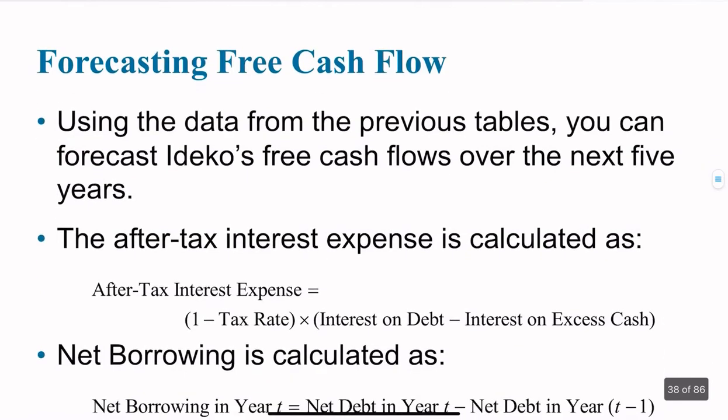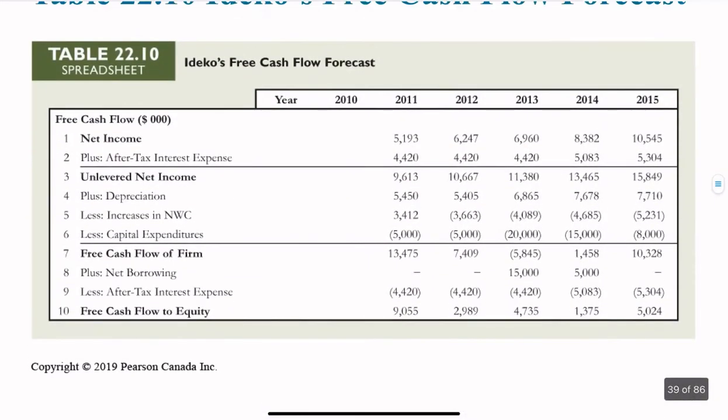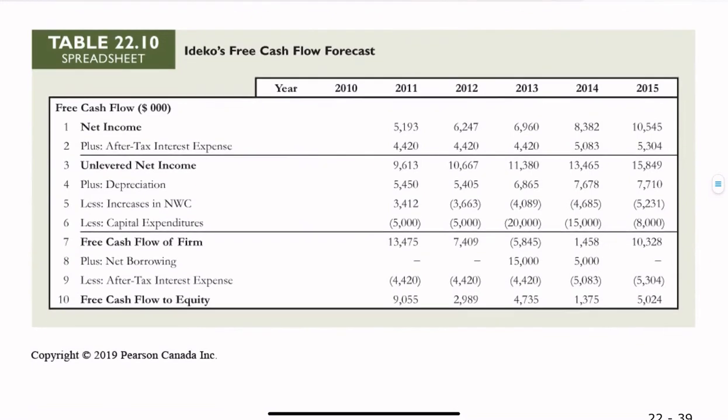Okay, now we can finally think about forecasting the firm's free cash flow. We have learned the formula of calculating free cash flow, right? We know that free cash flow would be equal to unlevered net income plus the depreciation minus the increase in net working capital and minus capex.